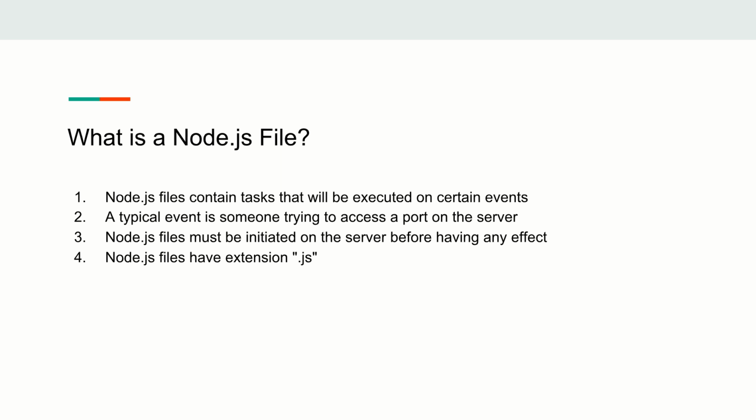You will have a predetermined function written to handle that particular request, and it will be executed every time a client makes a request. Those scripts will be inside the Node.js file, and that file ends with the extension .js.